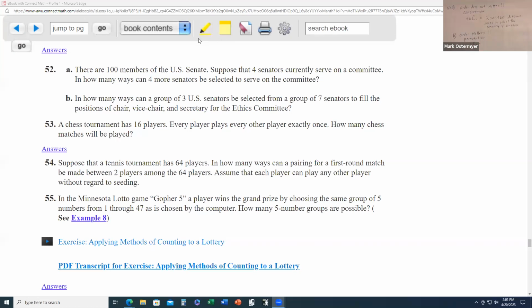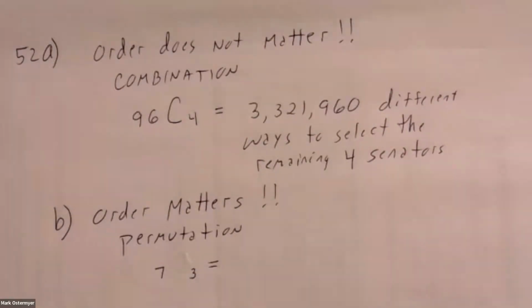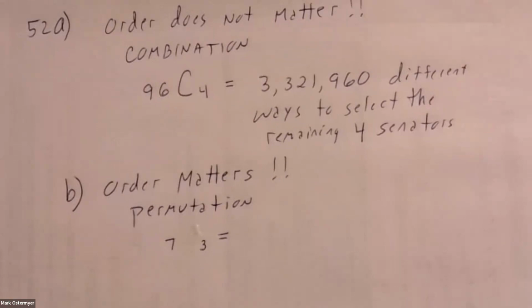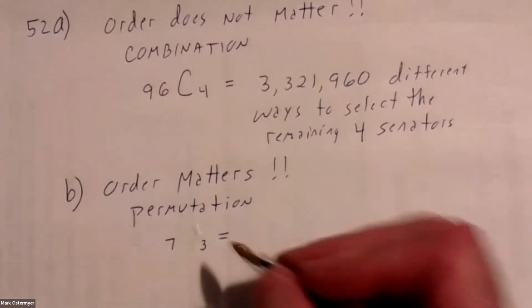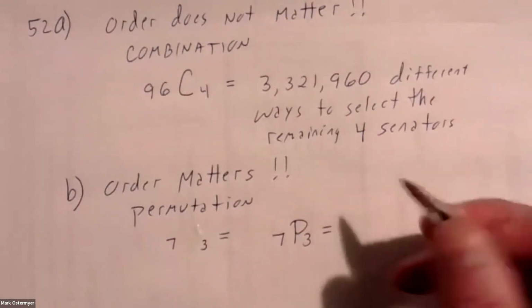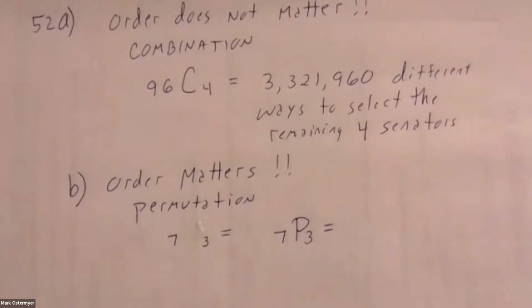So we're going to use not the combination function, but the permutation function. So this is going to be 7 permuted 3 ways. Get on your calculator and dial that up.